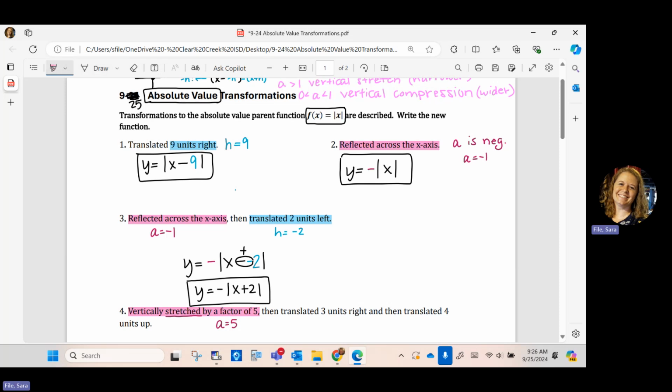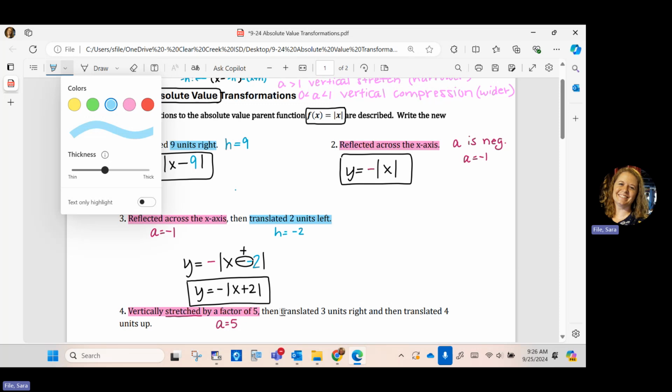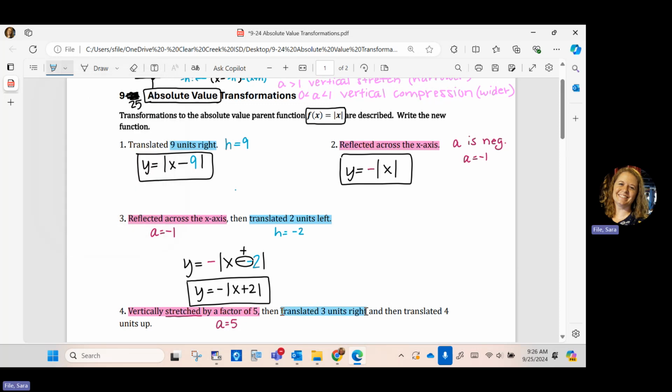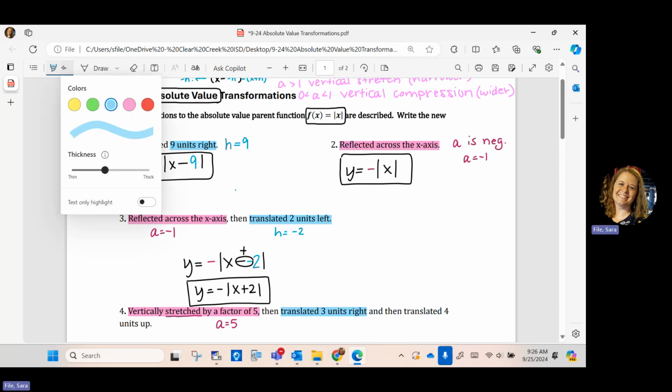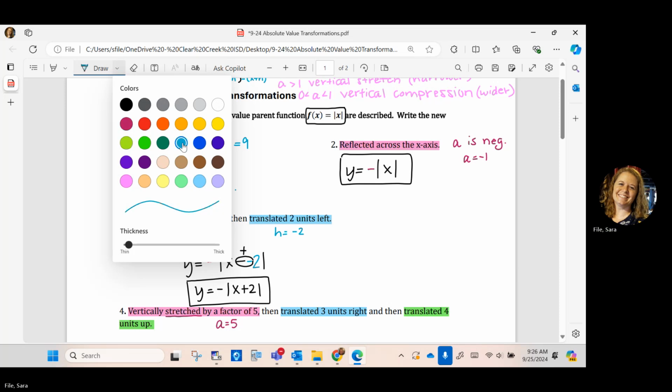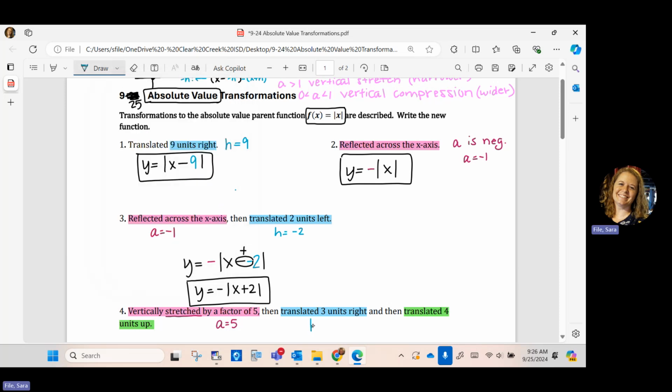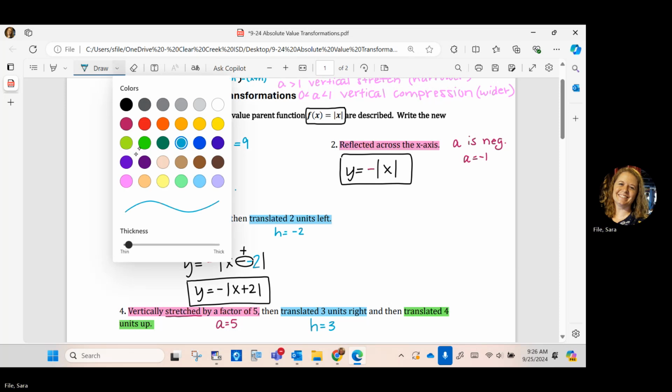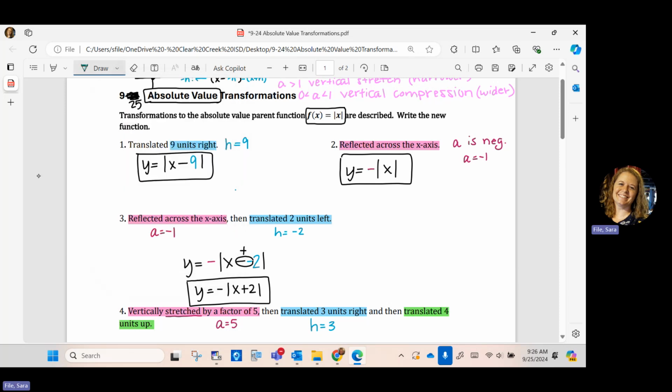Okay, and then it tells us we are translated to the right. So that's a horizontal shift, 3 units. And we are translated 4 units up. Well, that's a vertical shift. So now I have a k value. So 3 units to the right means h is +3. And 4 units up means k is +4.